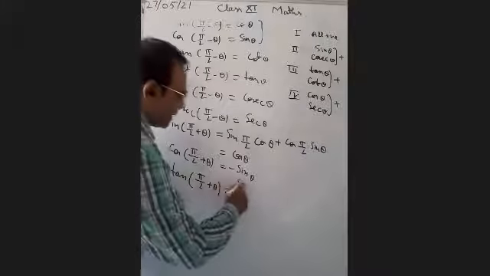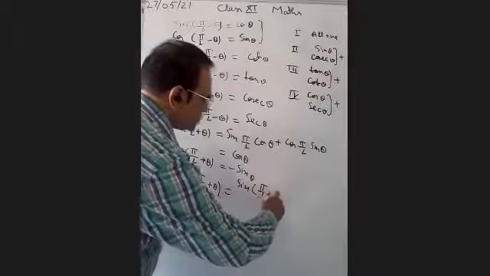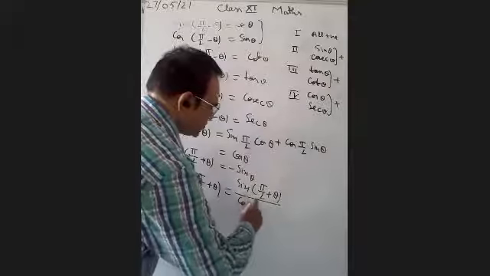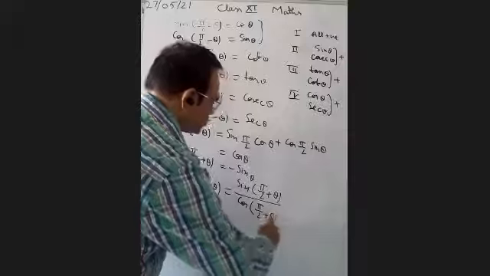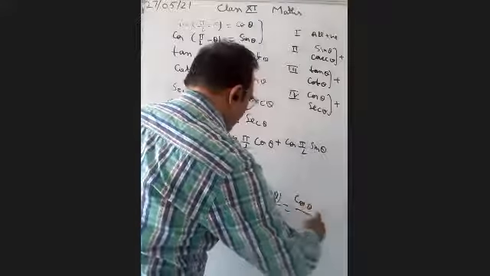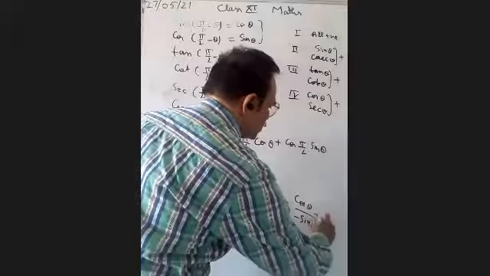Sin pi by 2 plus theta divided by cos pi by 2 plus theta. ठीक है? तो sin 90 plus theta equal to cos theta, and cos 90 plus theta is equal to minus sin theta, which is equal to minus cot theta.